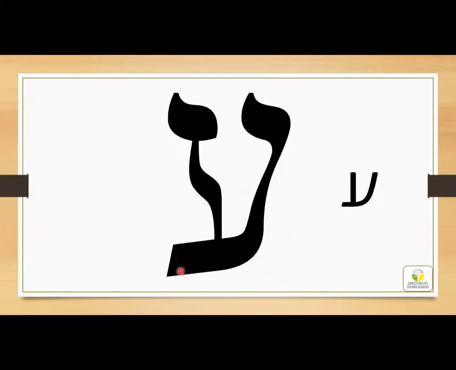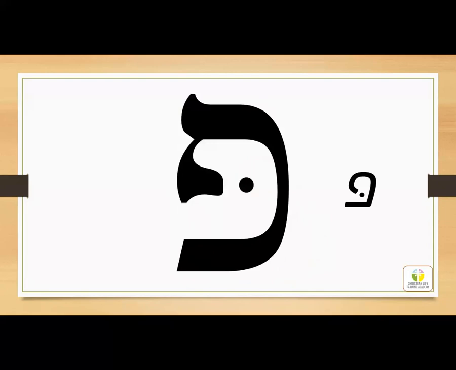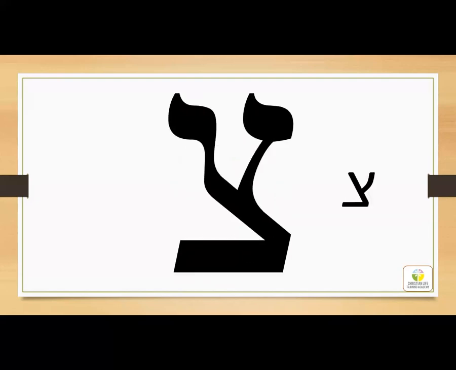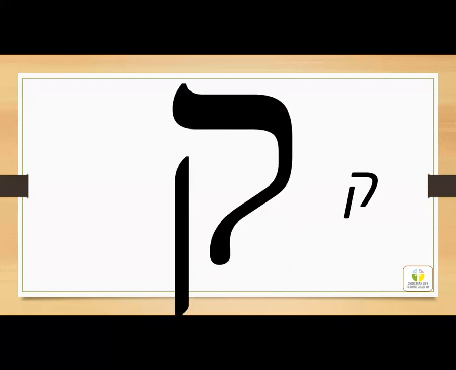Ayin, Pey. It's got the dot inside, so it's the Pey. Now, without the dot, it's the Fey. Right. Tsadi. All right. Kof.